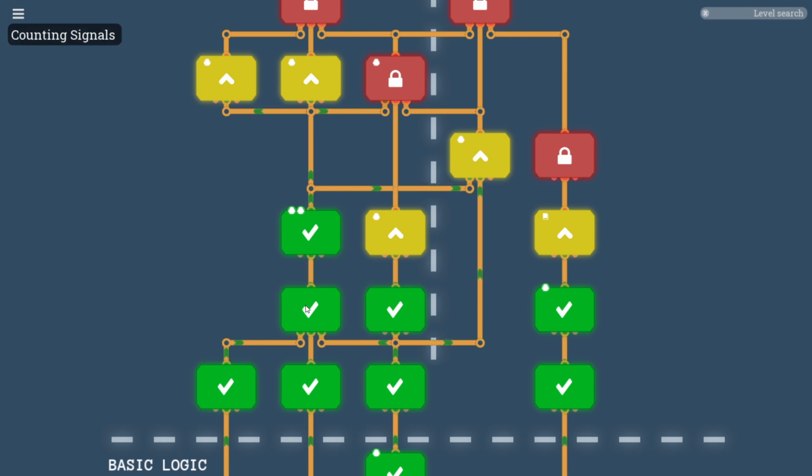We also were able to count signals. We did a delay line. A delay line is a circuit that is able to output the signal but delayed by several ticks.